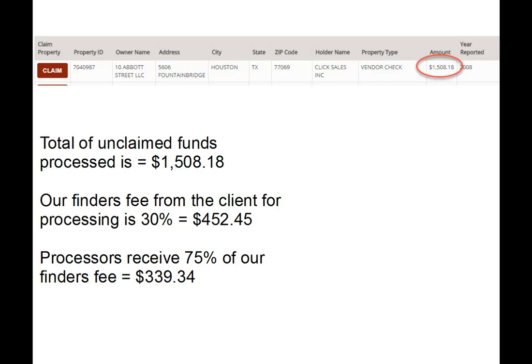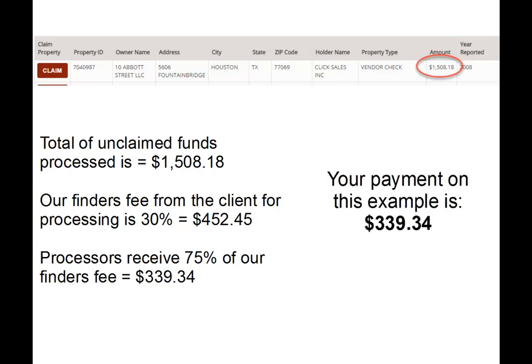Okay, so without further ado, that's the end of the job description and the process that you take, the steps that you take to get those processing forms into us so that we can pay you, but most importantly, we can get that money back to the unclaimed money owner, and you can get paid quickly.